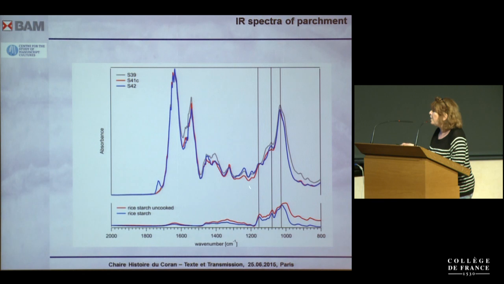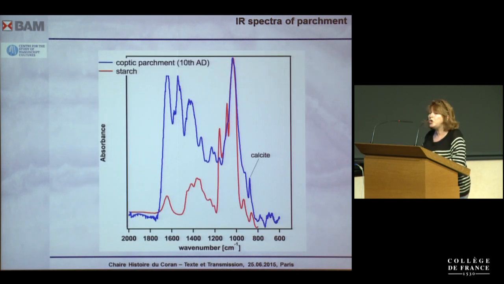So we would say this parchment probably was not done with the use of lime. However, it was probably done with the help of starch, which would be unusual had we not known that starch was even used in Coptic documents around the 10th century. However, here, calcite was always used.